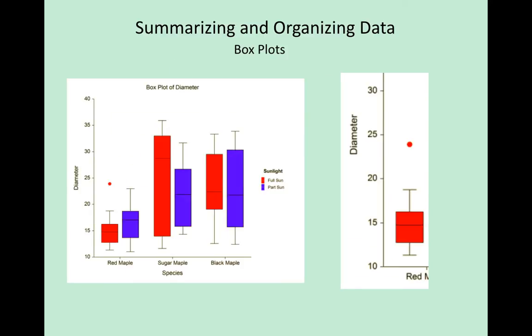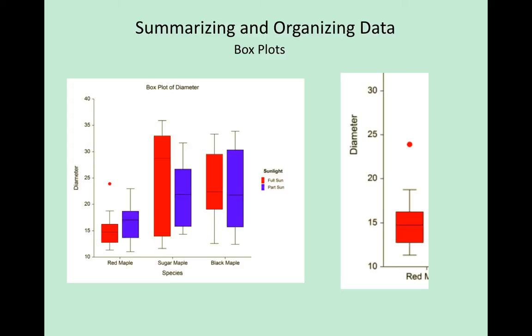Okay, we also like to summarize data using something called box plots. Now these box plots are summaries of the values of all the individuals in a collection of statistics. You can see adjoining box plots on the left where you can compare different samples, for instance, the amount of sunlight that's received by different types of trees and so on and so forth.